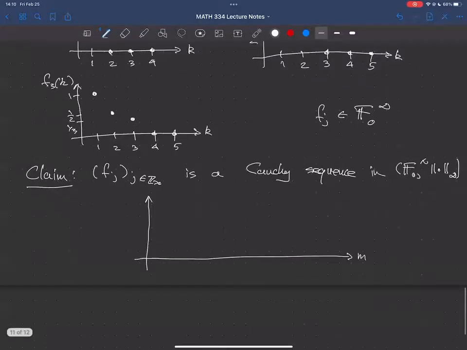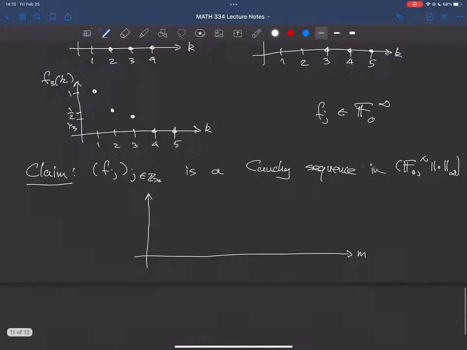And what I'm going to plot here is the function fj minus fk, and I'm going to assume that k is greater than j.